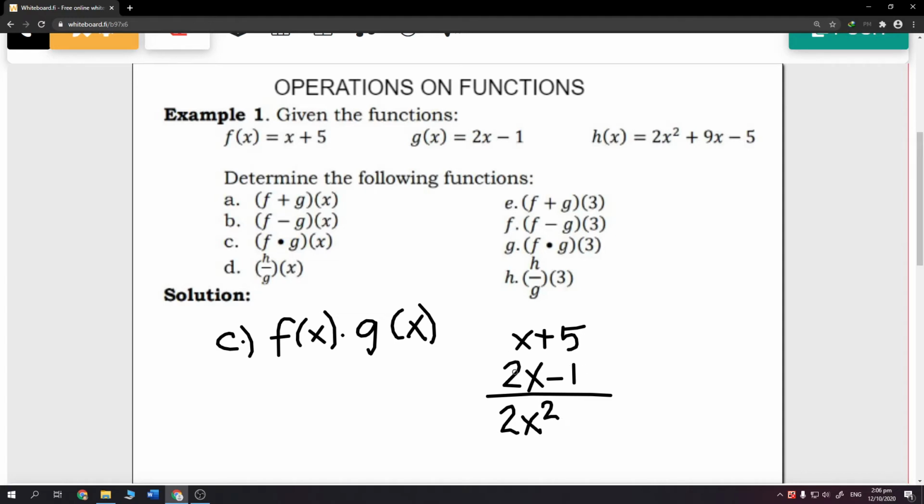We multiply the numerical coefficients, and when we multiply the same variables, we add their exponents. We have 1 plus 1 equals 2. So our initial product is 2x squared. Then 2x times 5 is 10x. The negative 1 times x is negative x. The negative 1 times 5 is negative 5.